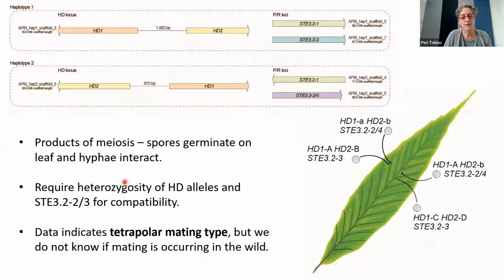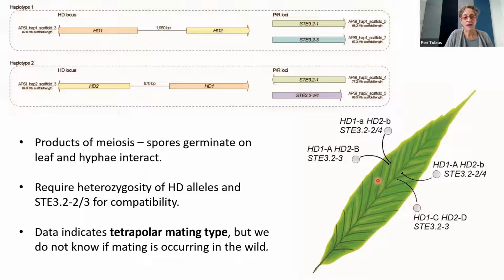The way it works is that the products of meiosis, you just have one of these in your meiotic product. These spores would germinate on a leaf and their hyphae could interact.